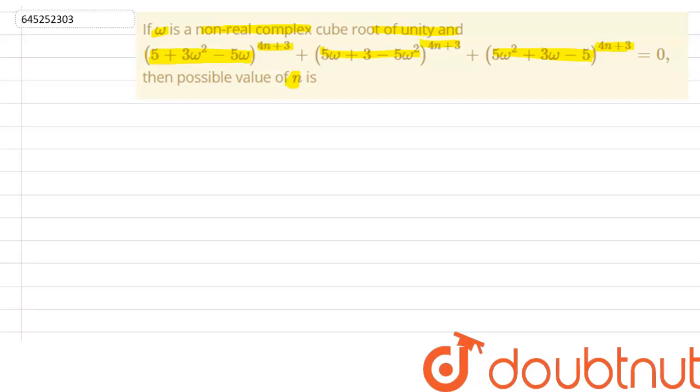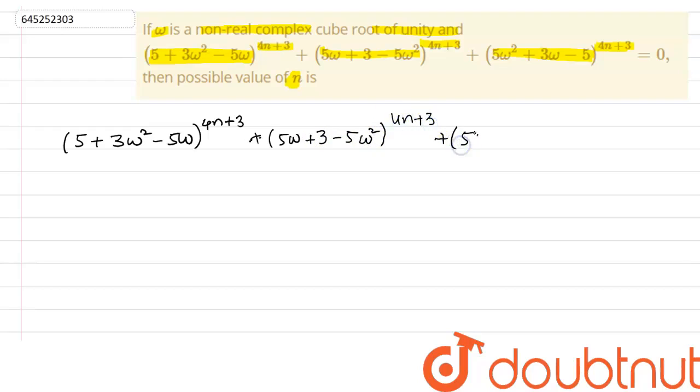Now what are we given? Let us write the expression that we are given here. We are given that (5 + 3 omega square - 5 omega) whole to the power of 4n + 3, plus the other term, (5 omega + 3 - 5 omega square) whole to the power of 4n + 3, plus the other term, (5 omega square + 3 omega - 5) whole to the power of 4n + 3.